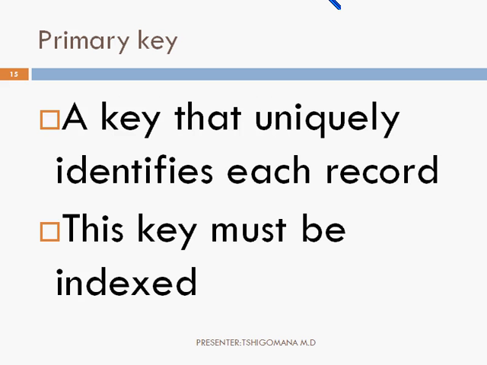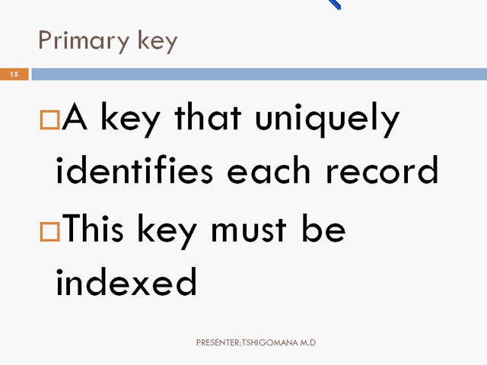The primary key. Now, a primary key is a key that uniquely identifies each record. This key must be indexed. Now, what is the meaning of indexed? Index is a way of making sure that a field is able to access a specific kind of data.